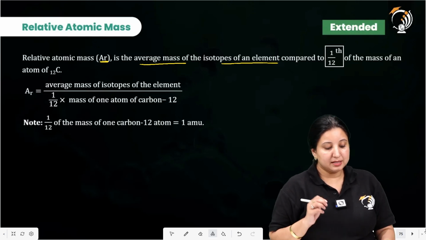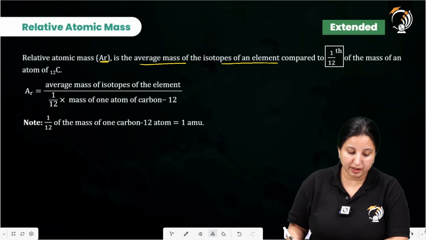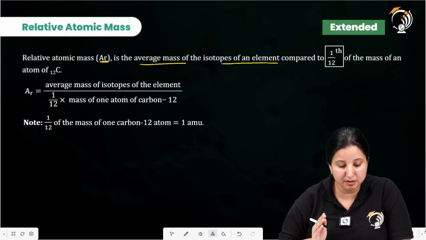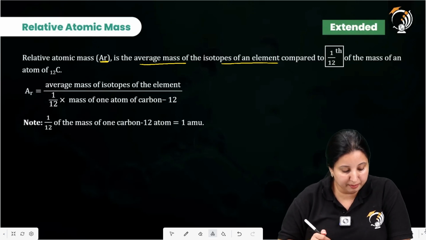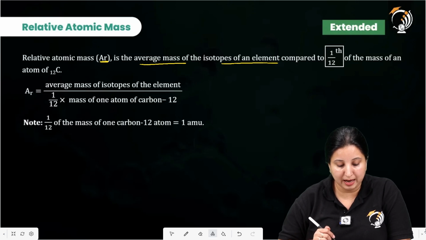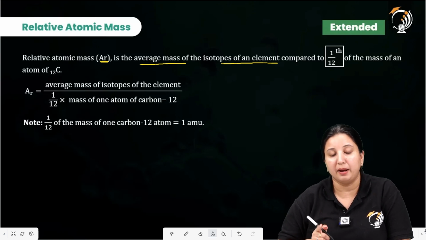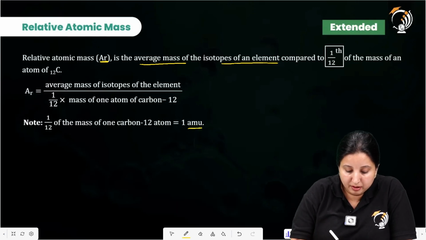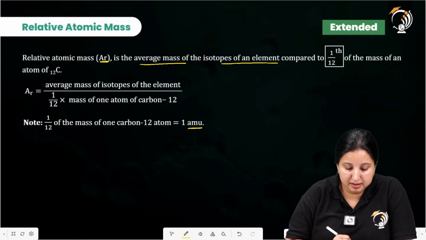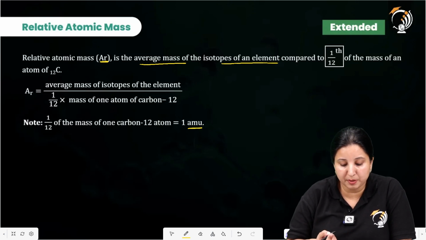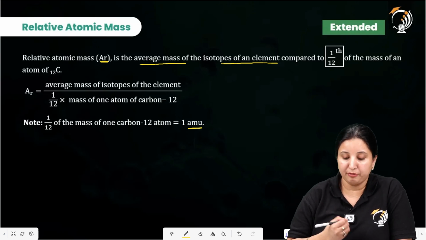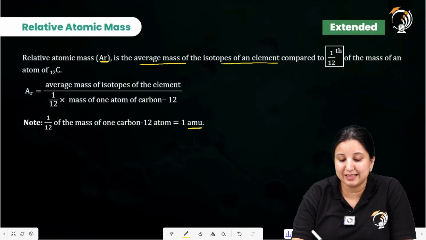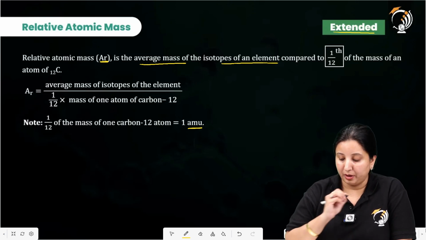Its formula is the average mass of isotopes of the element divided by 1/12th the mass of one atom of carbon-12, and 1/12 of the mass of one carbon-12 atom is equal to 1 AMU, that is 1 atomic mass unit. Basically this is being replaced by the term unified mass, and this relative atomic mass is for the extended students.